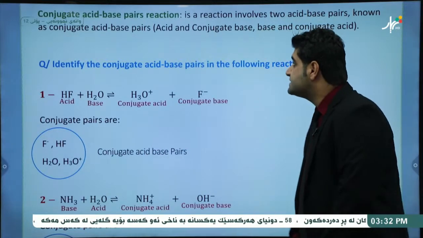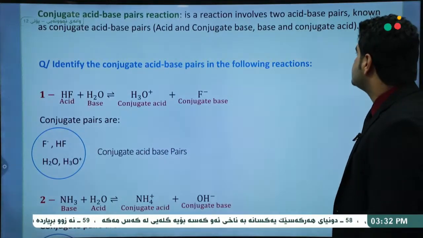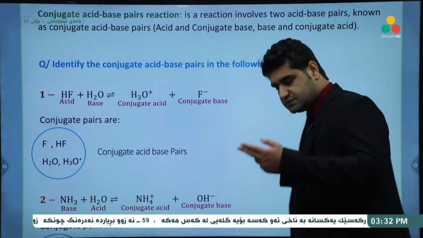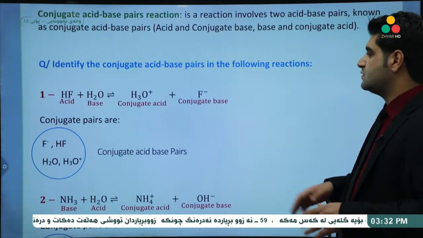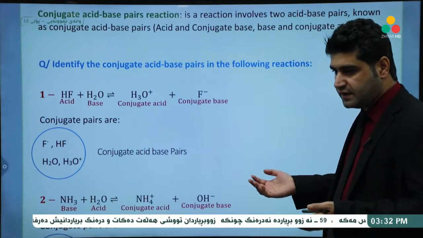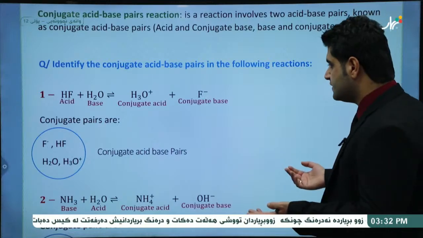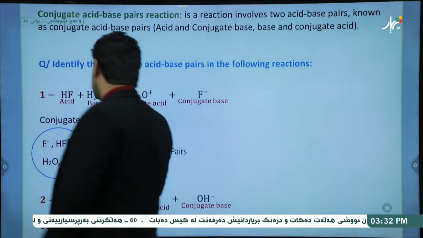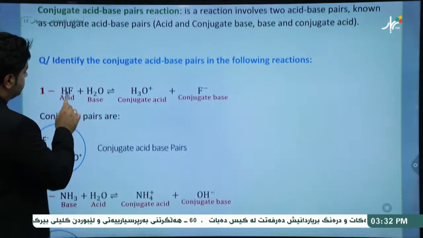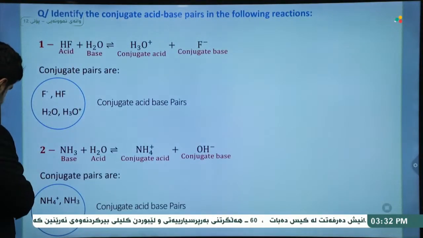A conjugate acid-base pair is in a reaction that involves two acid-base species. When we mix acid and base together, they're going to produce their conjugates. So in that case, we're going to have two pairs. Well, for example, we have HF.